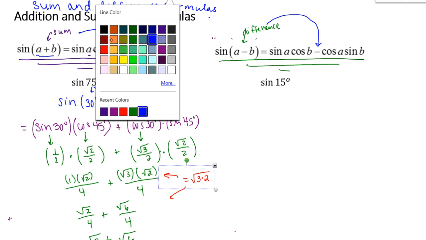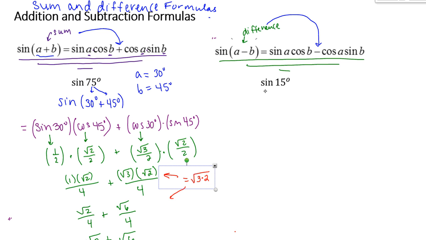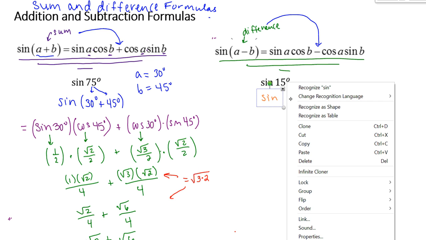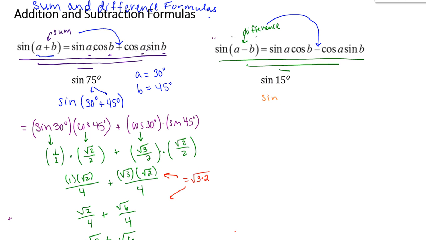Okay, so if we rewrite the sine of 15 as the sine of 45 minus 30, making sure that it gives us a positive 15, then we can use this new formula.